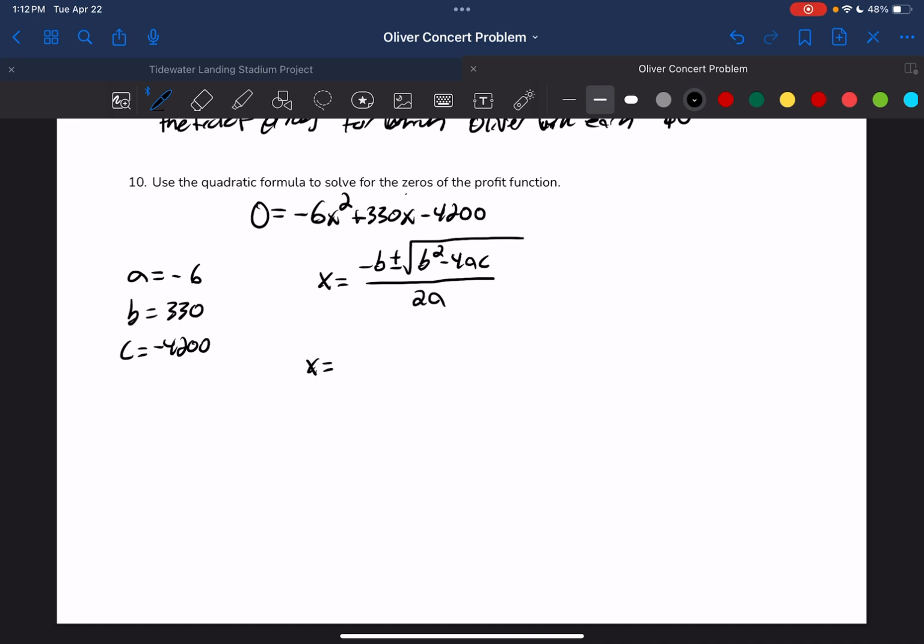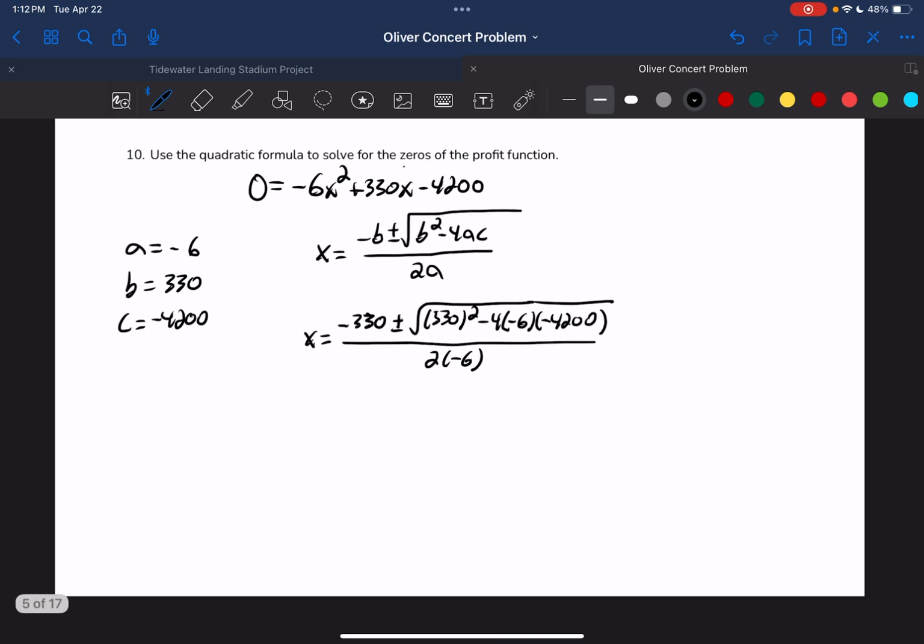This means x is equal to negative 330 plus or minus the square root of 330 squared minus 4 times negative 6 times negative 4,200, all over 2 times negative 6.